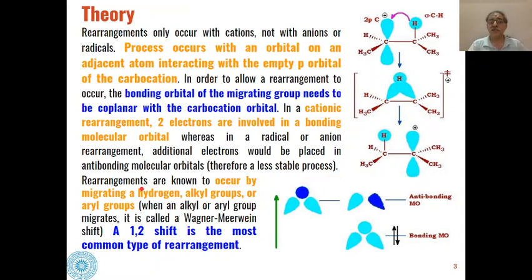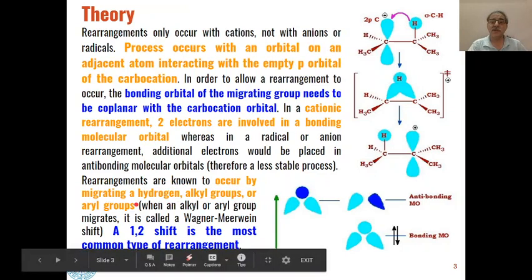Then these rearrangements are known to occur by migrating a hydrogen, as we have seen in this example, or there can be a shift of a methyl group, like an alkyl group, meaning methyl, ethyl, or any other group.